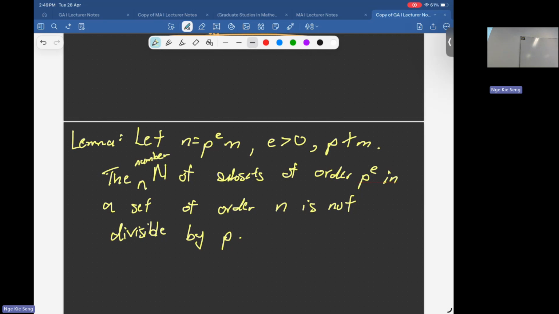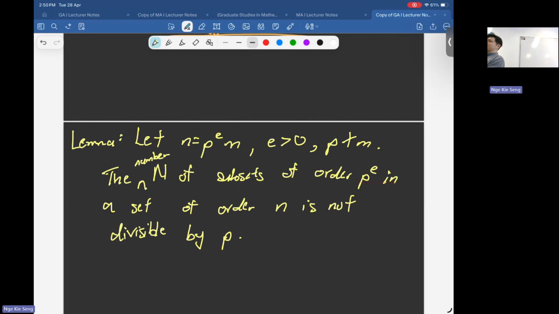No, this number is just the cardinality of the set of subsets of order p to the e. Not subgroups, subsets. It can't be a subgroup, because this is a random subset; if I remove the identity from this subset, then surely this cannot be a subgroup.